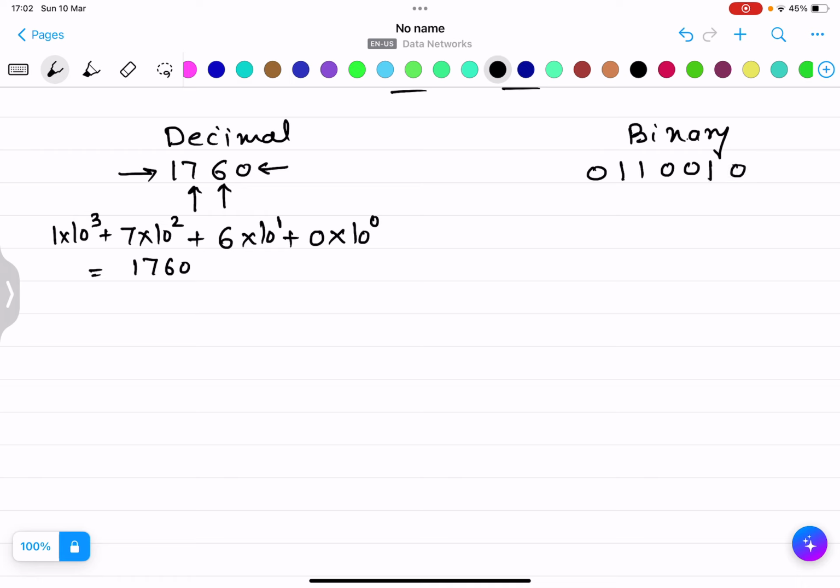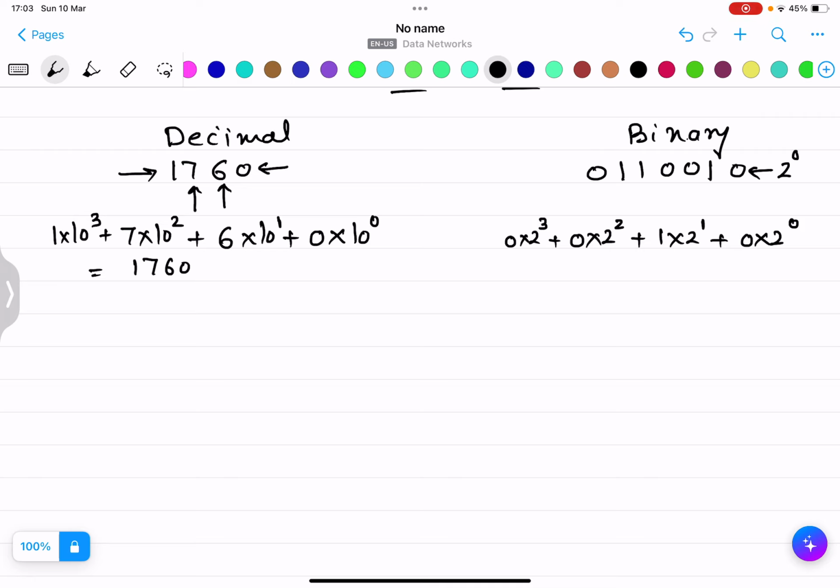In a similar way, if I have a binary number, this is my least significant bit, and we start with 2 raised to the power 0 from it. So it's basically 0 into 2 raised to the power 0 plus 1 into 2 raised to the power 1 plus 0 into 2 raised to the power 2, 0 into 2 raised to the power 3.